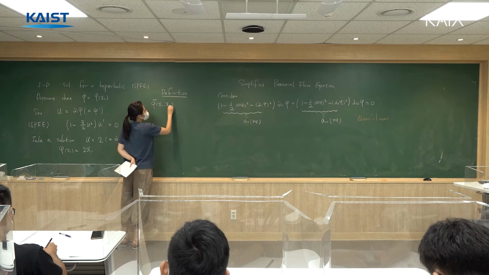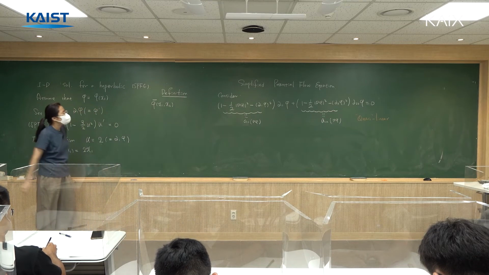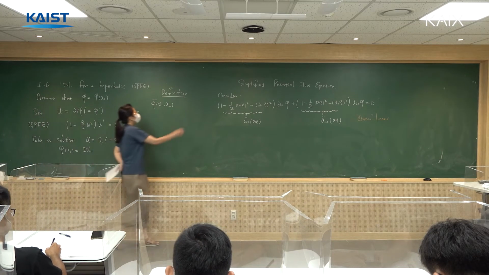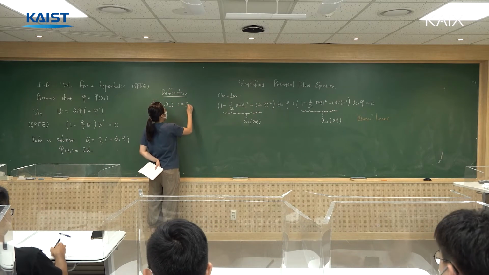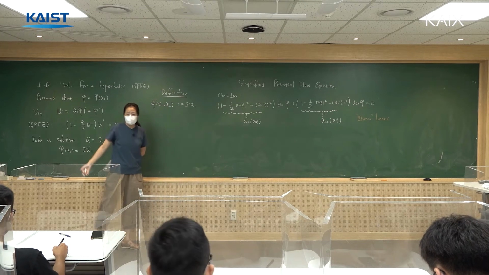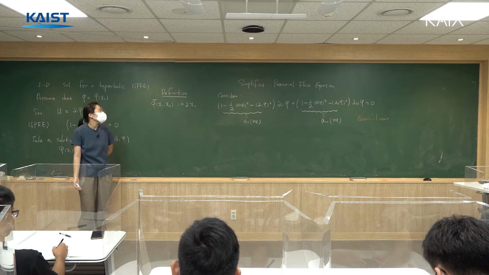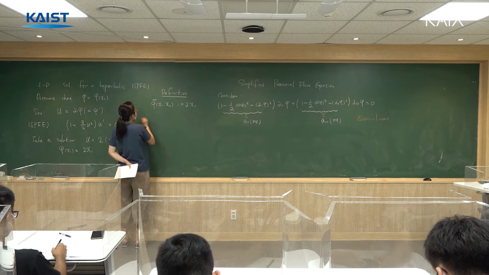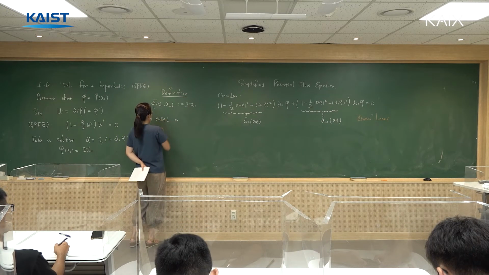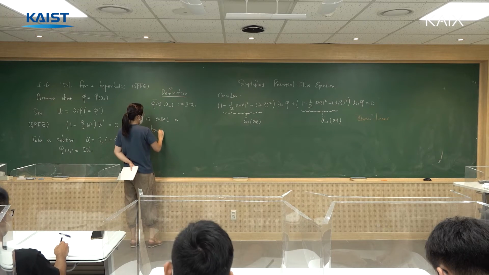Because I'm generally considering a two-dimensional problem. So let us define this as 2x1, which is basically a one-dimensional solution of this simplified potential flow equation, okay? And then we call this one a background solution.